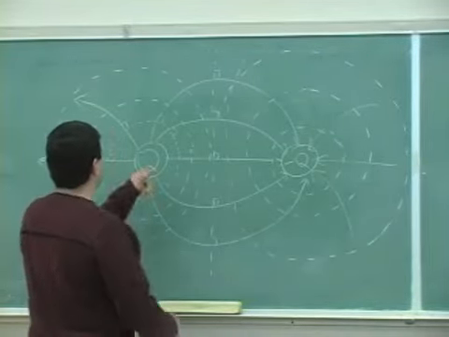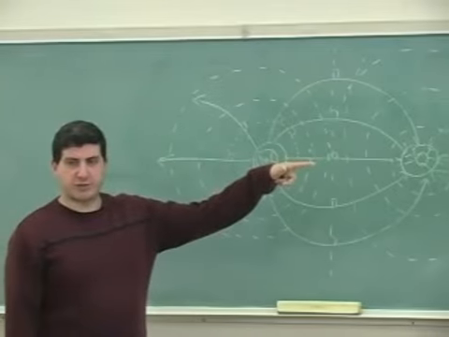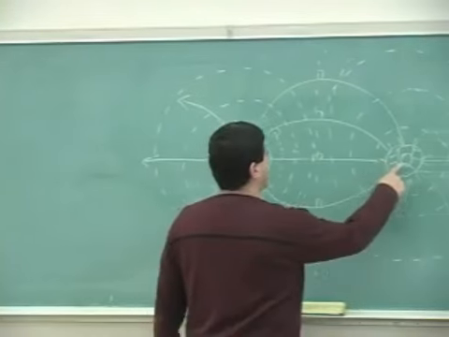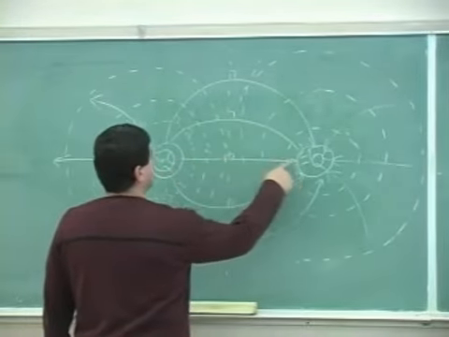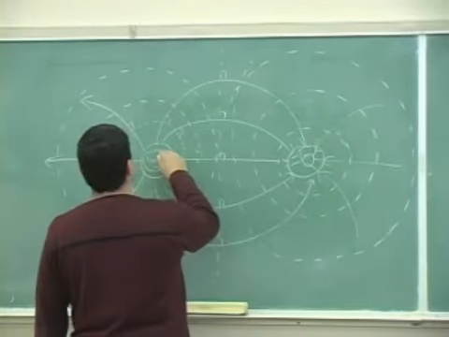Let's say, for example, this is 1 nanocoulomb and this is minus 1 nanocoulomb, and they are 4 meters away.